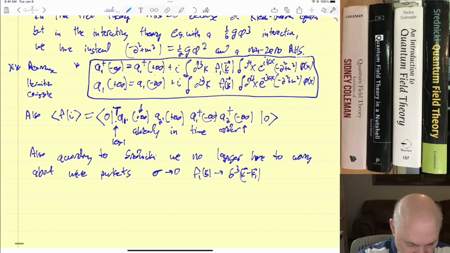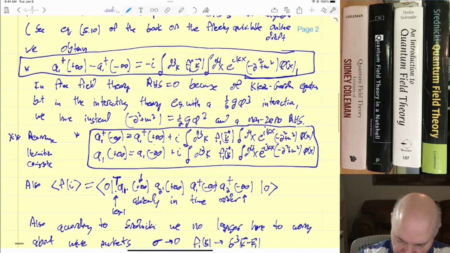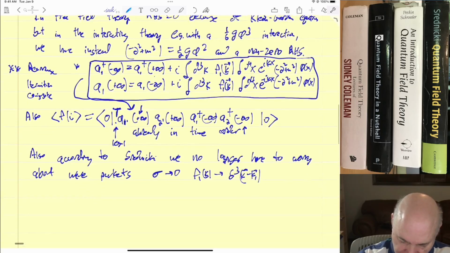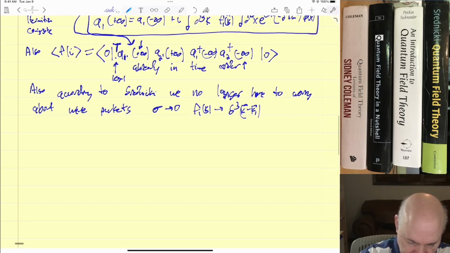So now when you do all this substitution in here, when you put these equations in here, take account of the time ordering, you end up getting the LSZ formula. So LSZ.